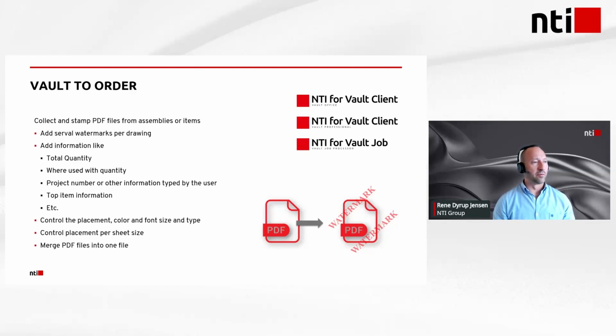They probably have some kind of workflow when they create a purchase order, or if they create a production order. All the PDF files will be collected, and they will be watermarked with barcodes or quantity or order number or whatever you could imagine. But if you don't have that kind of integration, you still need to deliver that output.